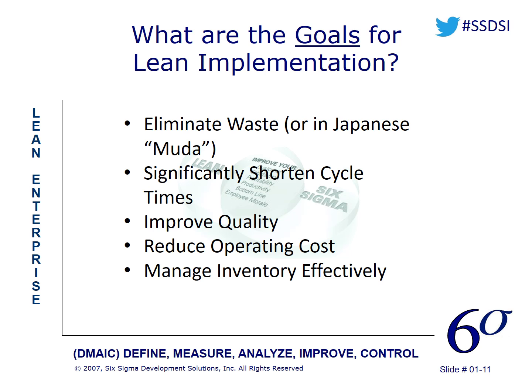So what are the goals for lean implementation? Well, the number one, first and foremost goal of a lean implementation is to eliminate waste. In Japanese, waste is called muda. And the reason we tend to use Japanese terms is lean was formalized by Toyota.